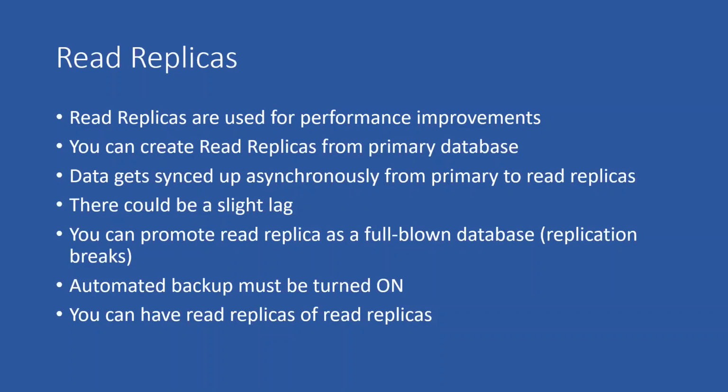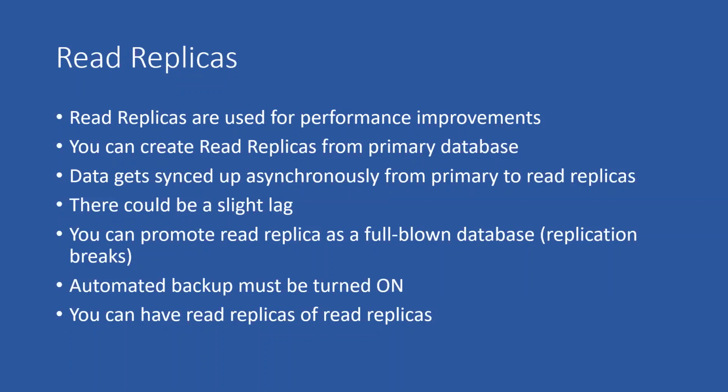Interesting thought: send the read traffic to a different database and continue to send all the write traffic to the primary database. I'm okay with a little bit of latency, but I want that scalability.